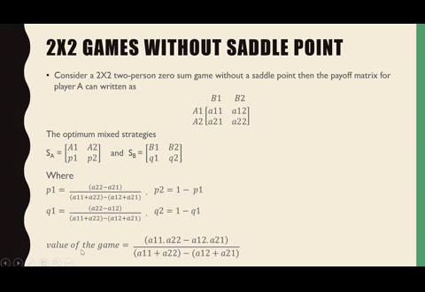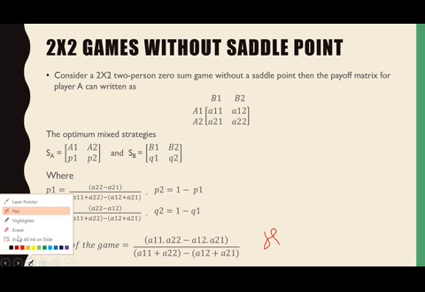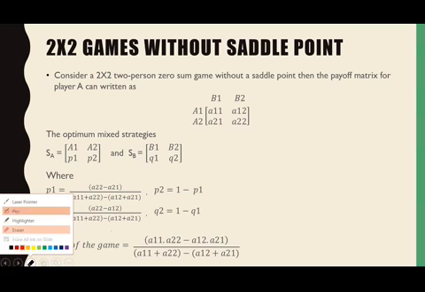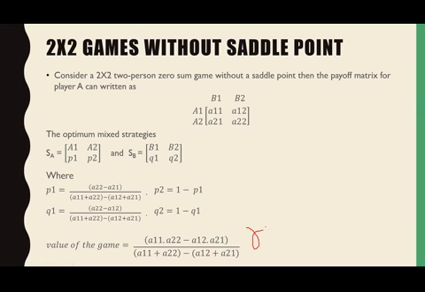Then for the value of the game, which is denoted by gamma, right? We use a notation called gamma. Okay, one minute, the length increased. I'll rewrite it. Okay, so this is the gamma notation.